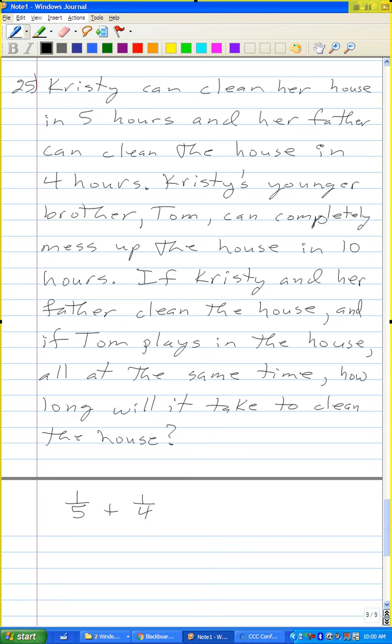And Tom can unclean the house in 10 hours, so he can unclean 1/10 of it per hour. So we sort of remove the cleanliness. So I subtract from the cleanliness 1/10 of it per hour. And suppose that altogether it takes them x hours to clean the house. So they can do 1 over x of it per hour.